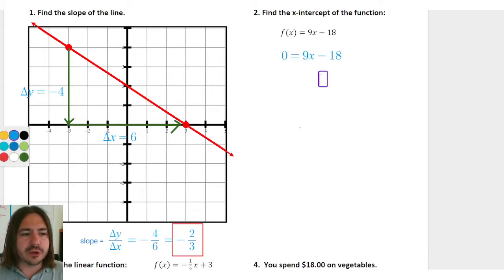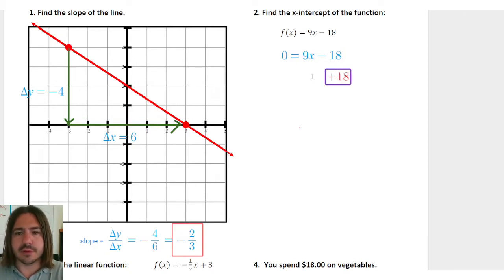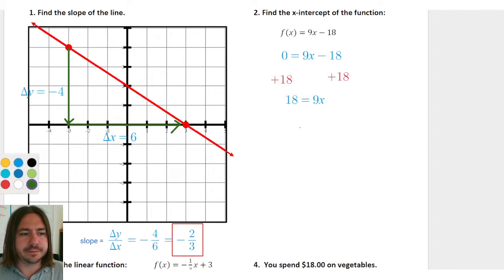So I'm going to add 18 to both sides of my equation, and that'll give me 18 equals 9x, and then I want to divide both sides by 9. So divide by 9, divide by 9.